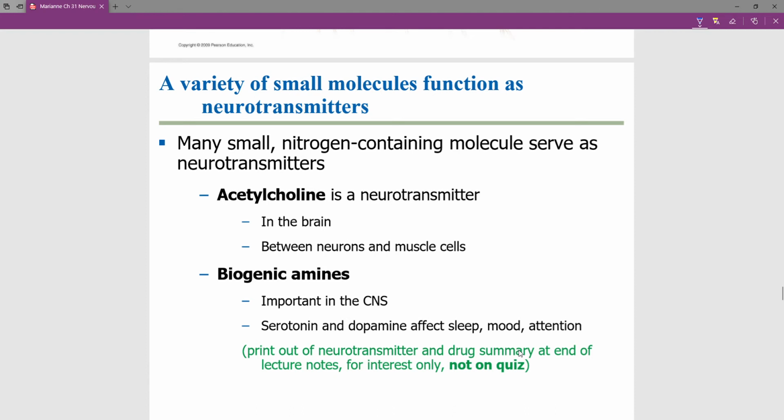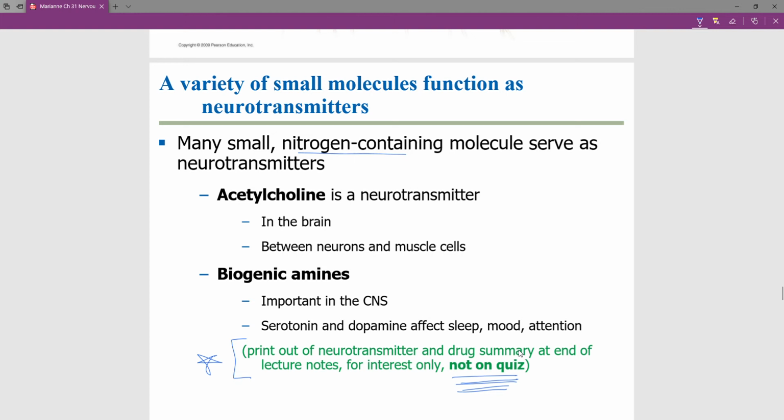There are a lot of different neurotransmitters. We're not getting anywhere near any level of detail. There is that printout that I put in. It's not on the quiz, obviously not this semester, and it's not memorized stuff, but it's interesting. Many of the neurotransmitters are small, nitrogen-containing molecules.